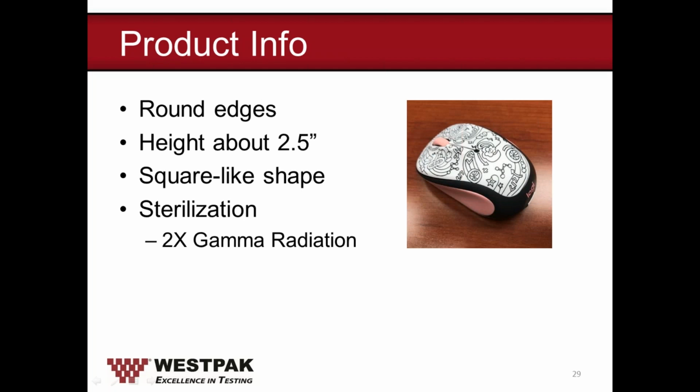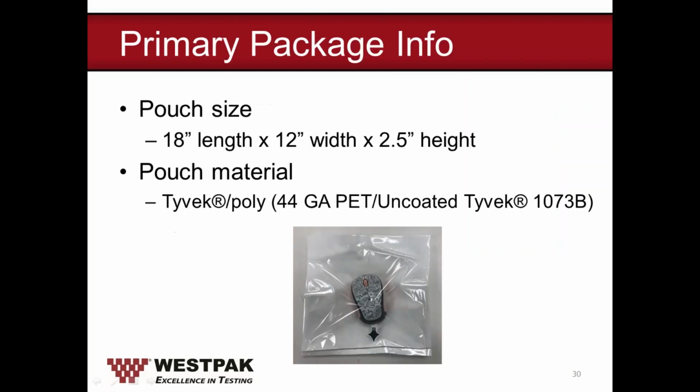I was trying to find something similar, considering it was a medical device product. The closest one I could find is a mouse that has the roundish edge and the height we're talking about. So the mouse on the right in the photo will be the product representation.